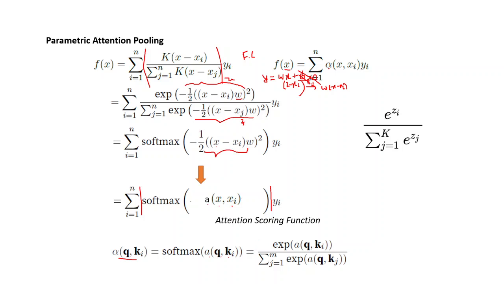If I replace this softmax with the original softmax equation, it will be the exponential of the attention scoring function of query and key, divided by a summation from j from 1 to m of the exponential of the attention scoring function of all the queries and the keys.